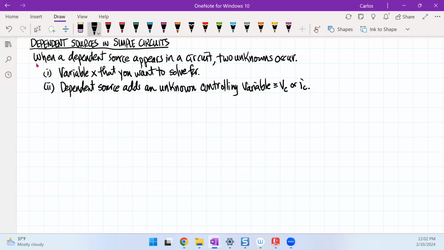So what this does here is that this requires setting up two equations for the two unknowns.